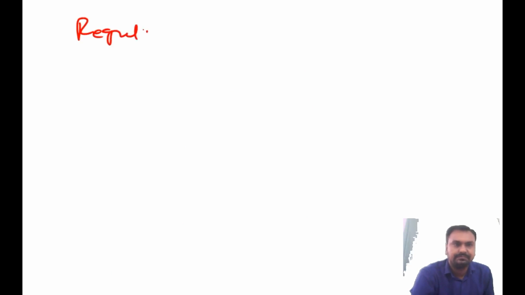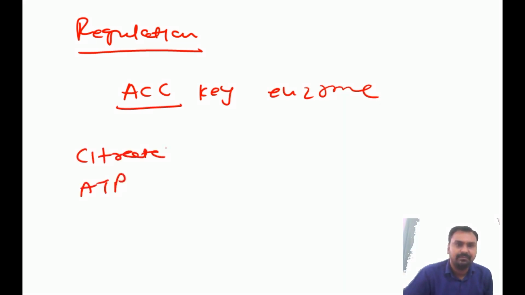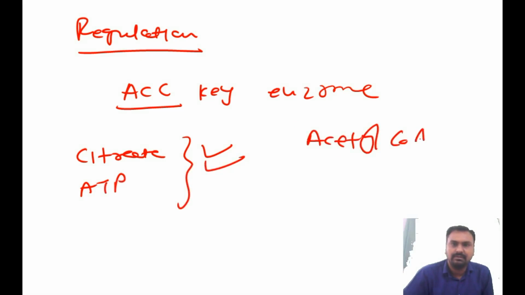Coming to the regulation, as you know, acetyl CoA carboxylase is a key enzyme of this pathway. Allosteric regulation: citrate and ATP. The more citrate there is, as we know, in TCA cycle, acetyl CoA plus oxaloacetate is converted to citrate.